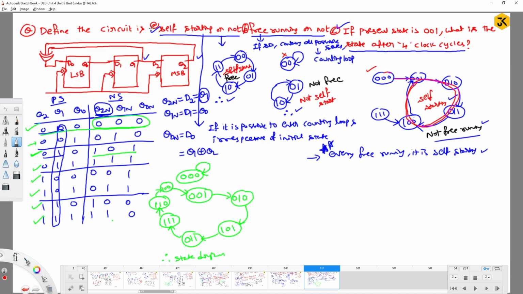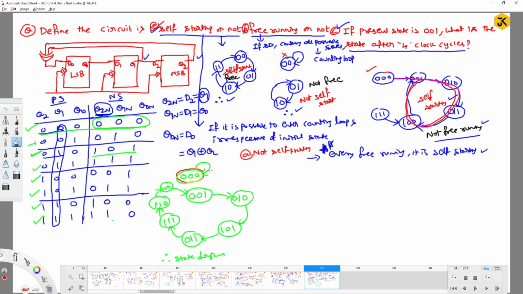Is it self-starting or not? For question A, the answer is it is not self-starting. Why is it not self-starting? Because if I start at one point of time, it has to continuously enter into the loop. But if you clearly observe, if I start at this point of time, it is not going to enter into the loop.